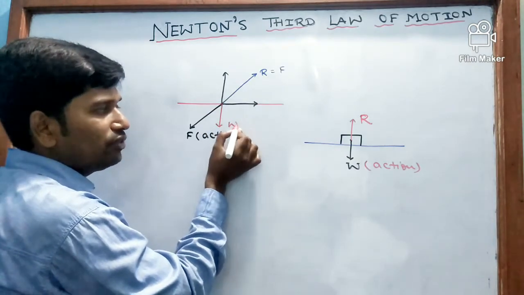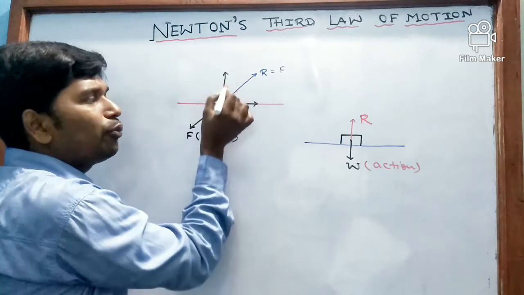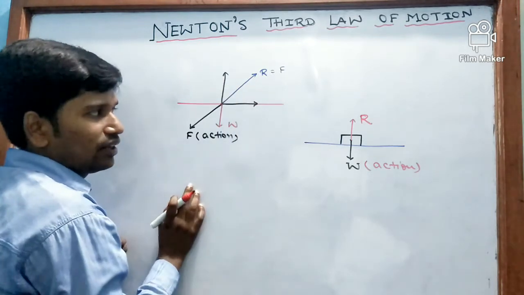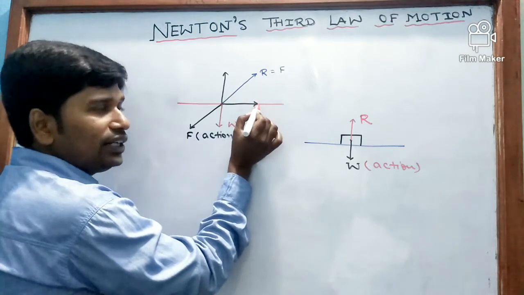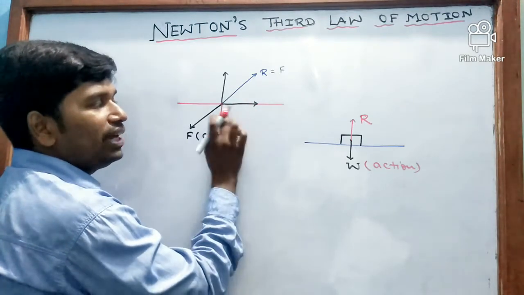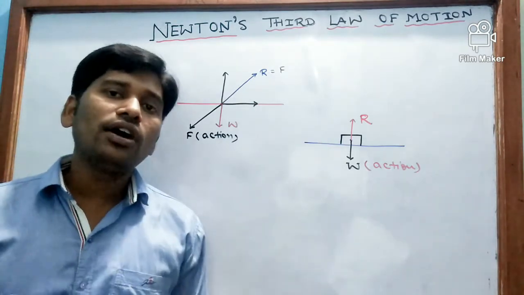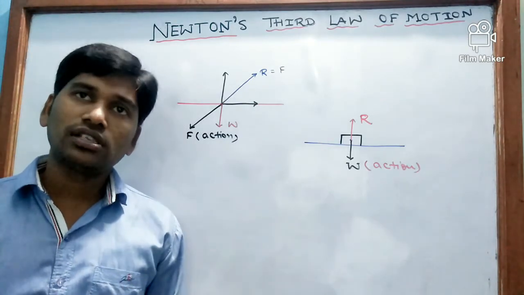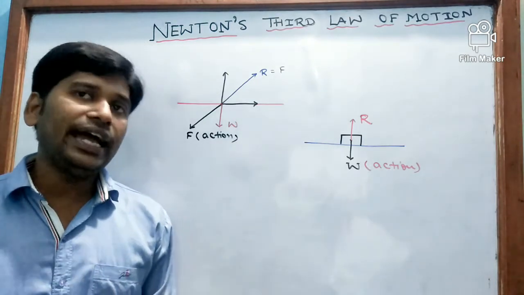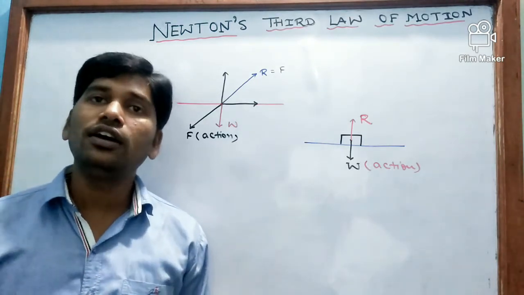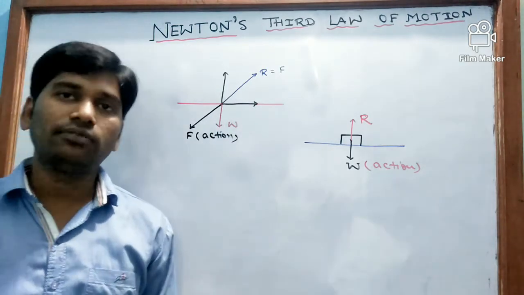So the weight of the man is balanced by the vertical component of the reaction, and the forward component makes the man move forward. So this is how a man walks and moves forward, and how Newton's third law is applicable in walking.